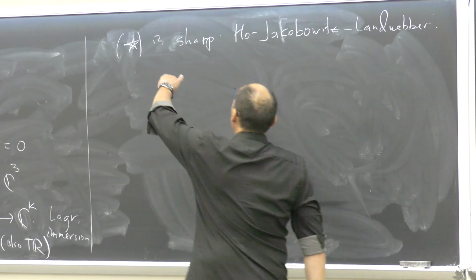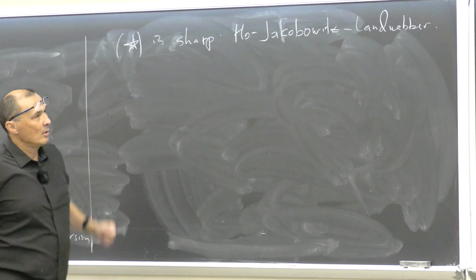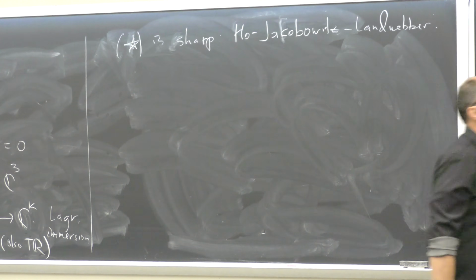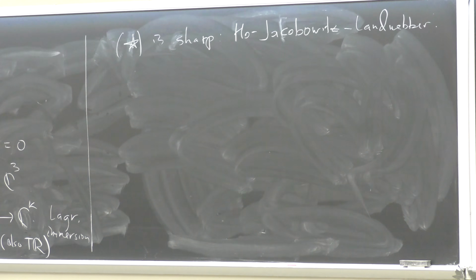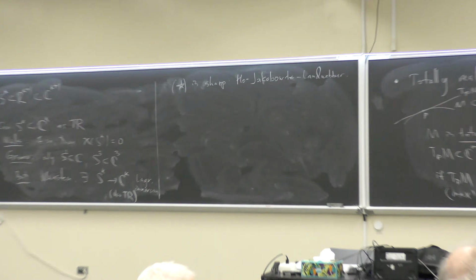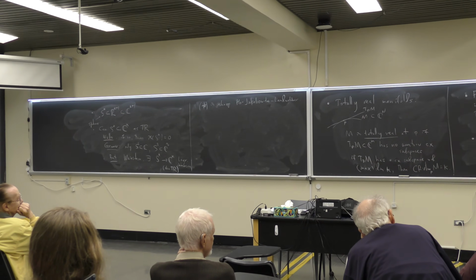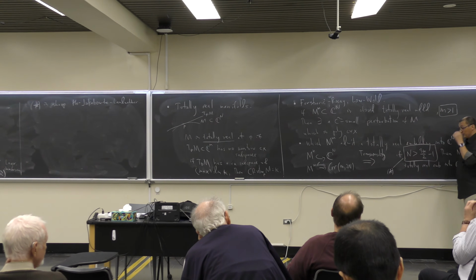So what this example shows is that if we want to improve this inequality, this inequality now works for totally real embedding, therefore it works for polynomially convex embeddings. But a polynomially convex embedding does not have to be a totally real embedding. We do not require the embedding to be totally real.